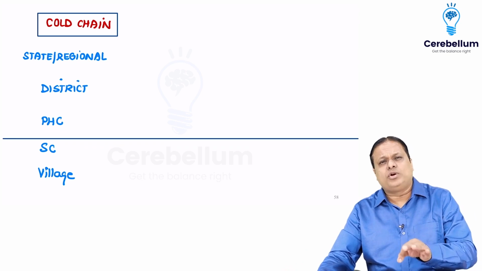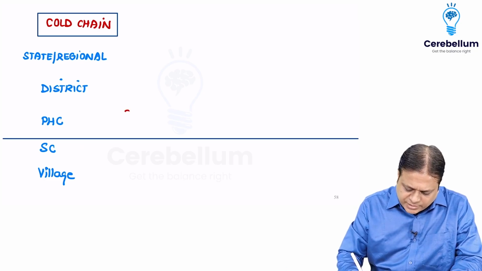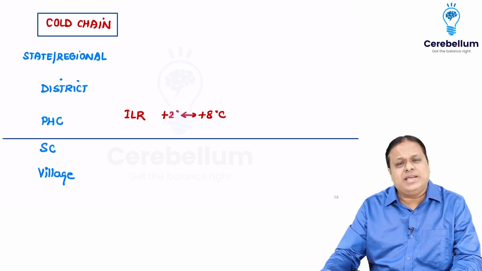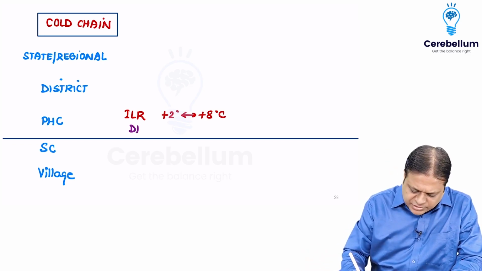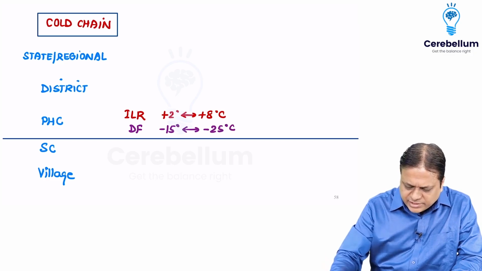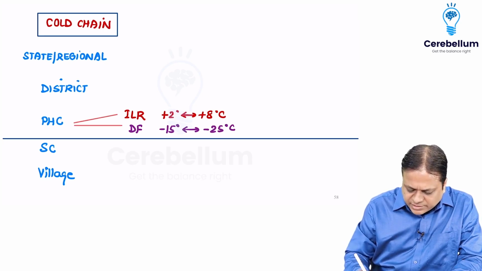The most important component of cold chain in India is at PHC, ice lined refrigerator 2 to 8 degrees centigrade. At the same time, we have a deep freezer minus 15 to minus 25 degrees centigrade. This I am talking of is at primary health centers in our country.